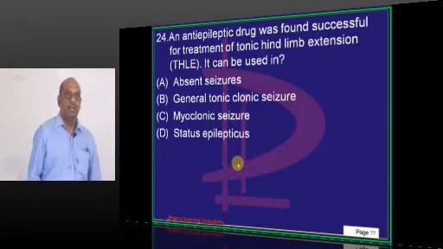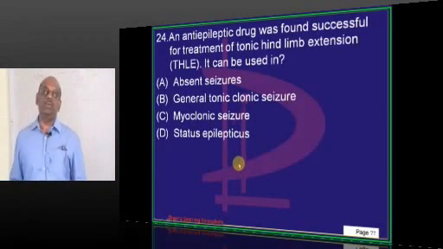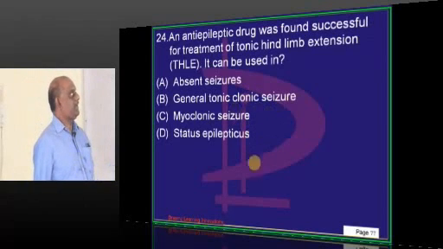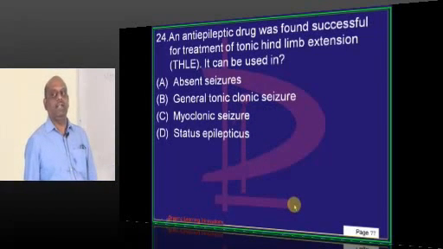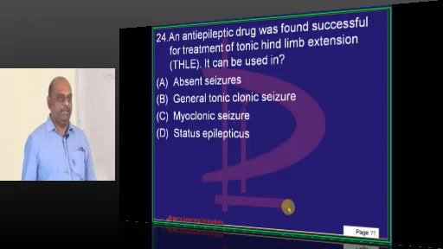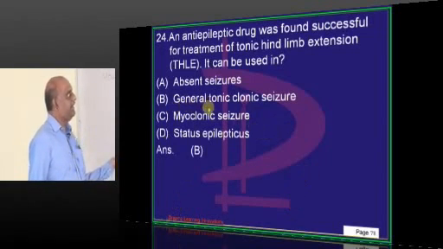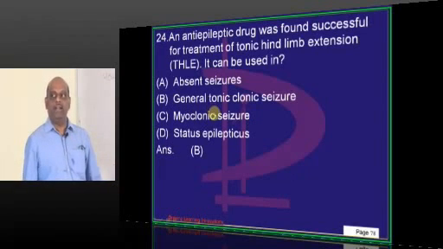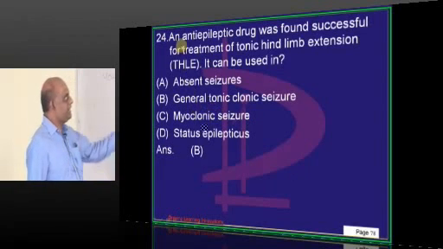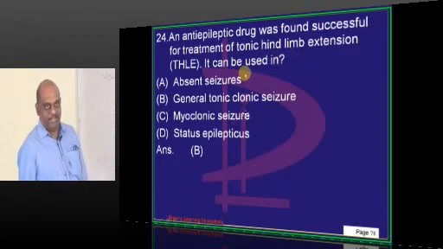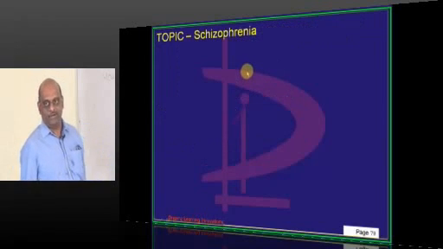Then an anti-epileptic was found successful for the treatment of tonic hind limb extension. Actually, I don't know how this question came. Whether anti-epileptics work for generalized tonic-clonic seizures or not is basically checked by whether they are effective on tonic hind limb extension in a laboratory animal. Forget about that question.